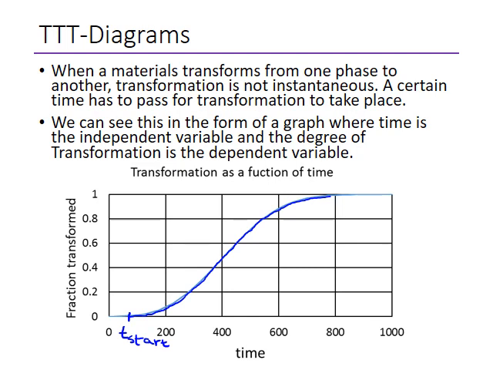So from the experimental point of view, sometimes you have to stop the experiment when you reach 98 or 99 or 99.9 rather than waiting for the 100% transformation.